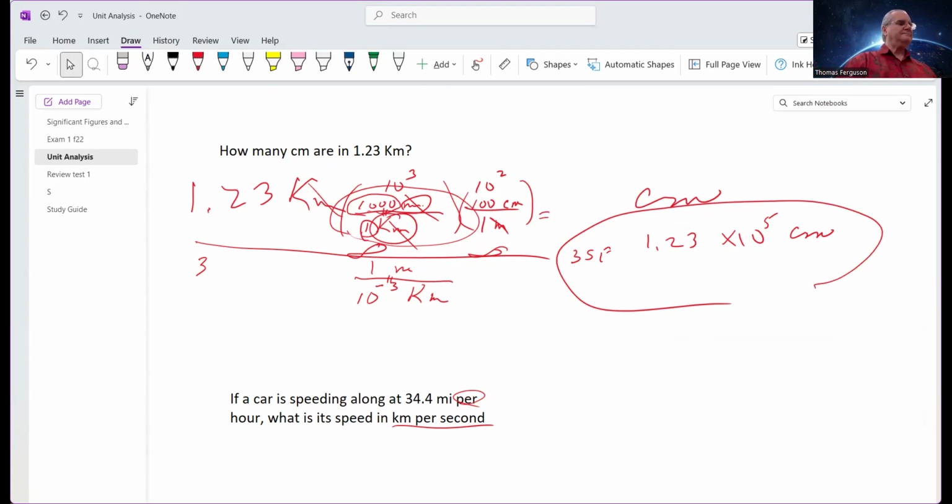You still get the same answer though. Particularly if it's a bold-faced conversion up above, those are exact. If it's not bold-faced, then it's an approximation. So it's not infinite if it's not bold-faced. Does that make sense? All right, so any more questions about this guy?